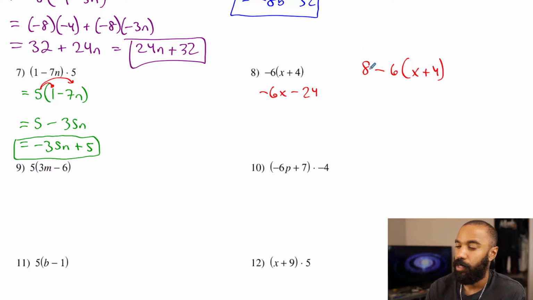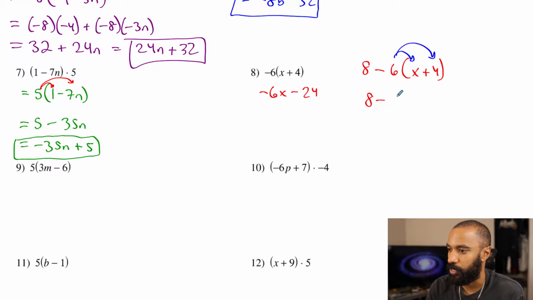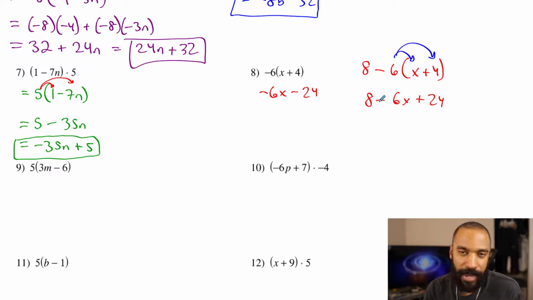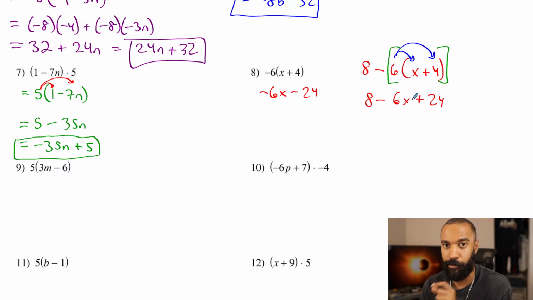You know why? Because if you're going to distribute here, you'll say, hey, let's distribute. So this is going to be 8 minus, and let's do 6 times x, and let's do 6 times 4. See, you wrote the minus thinking about it as an operation and less as a sign for the 6 that's being applied. You're forgetting the fact that really there is a grouping happening because it's multiplication that comes before subtraction.